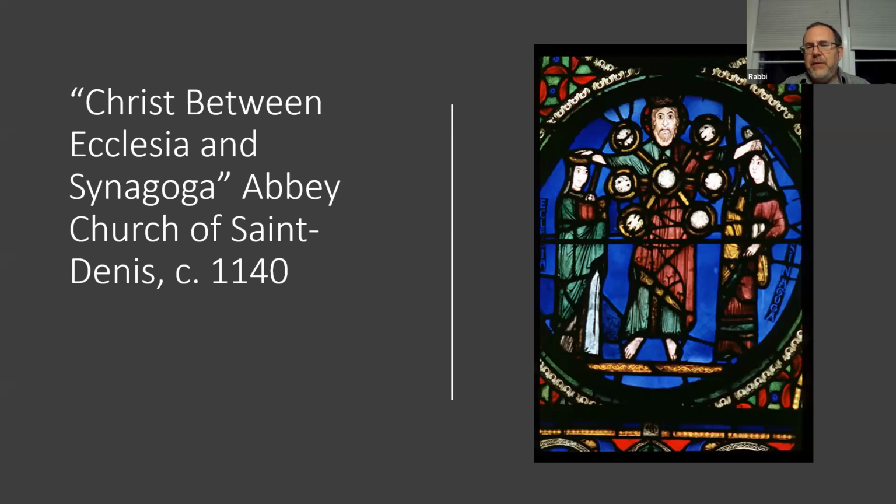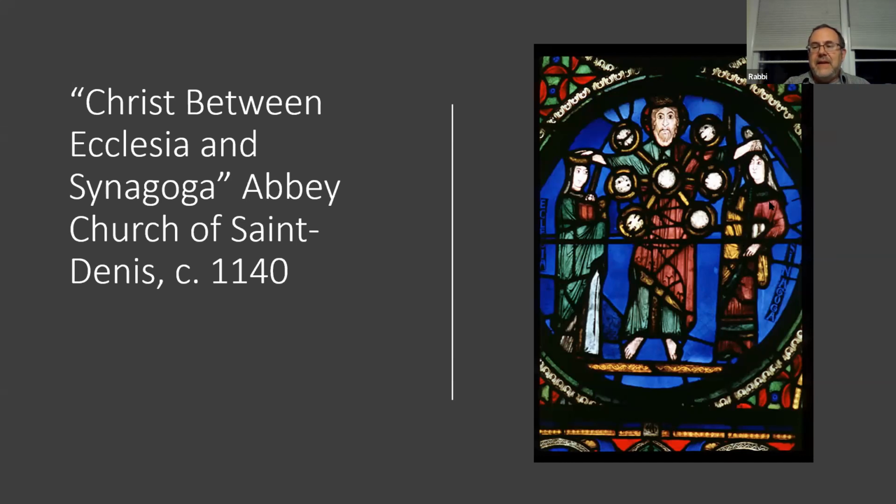They're matronly women, and they both have a role in forming the transept of the cross that Jesus forms. And the idea there is that both have a role. This is not a negative. You could say this is the positive side of the Augustinian legacy, that the Jews and Judaism do have a role in the Christian world, and that the church is the new and the synagogue is the old, but they are still present.